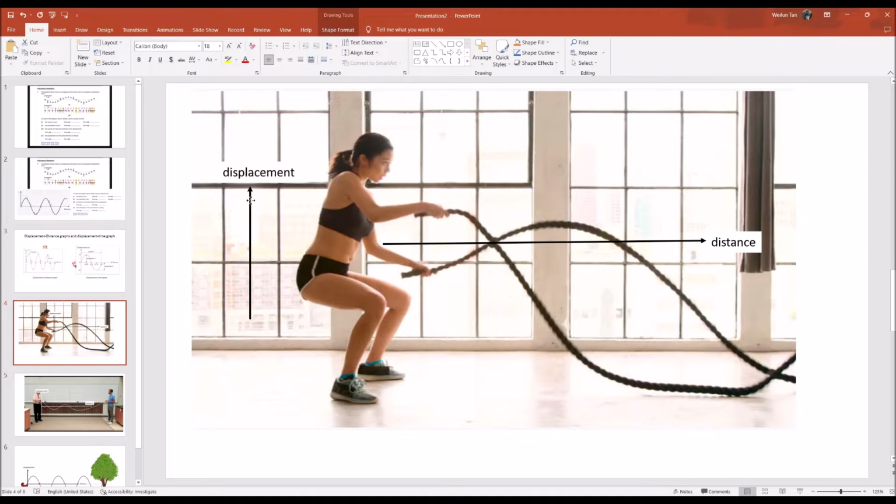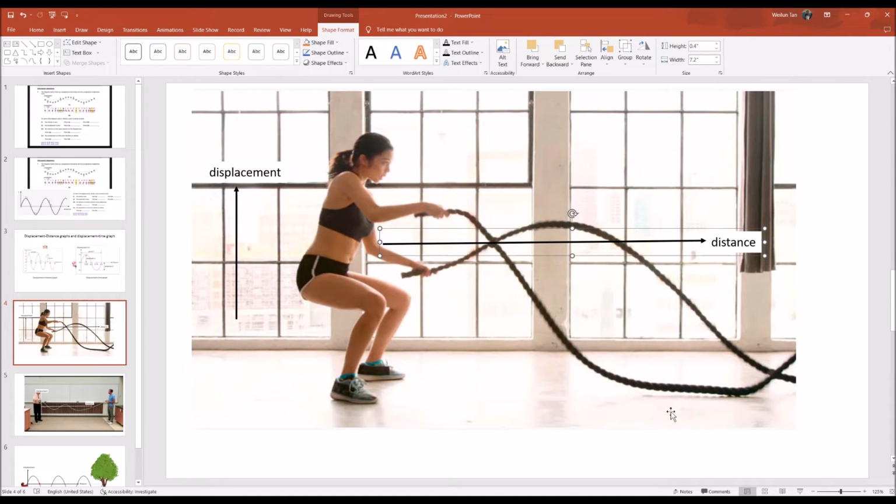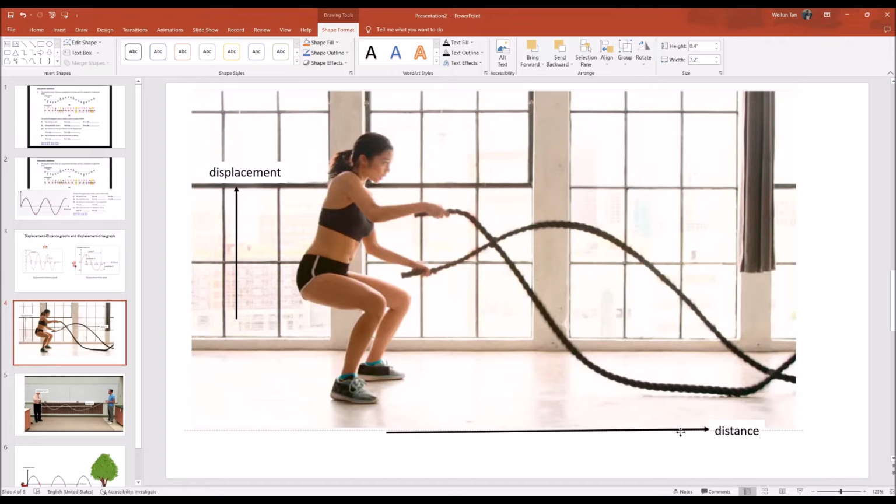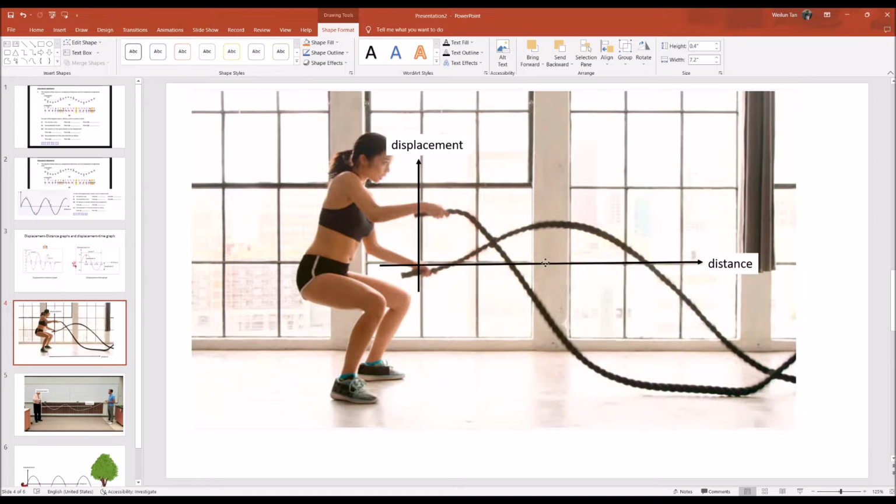Let me bring away the axis first. Let's say this person was doing some rope exercise. I took a picture of this and I want to find out how the displacement of the wave varies with the distance from the start of the vibration. This is a displacement distance graph.